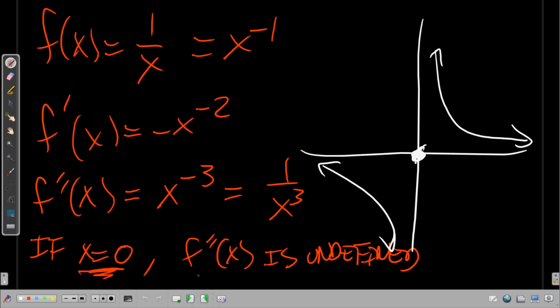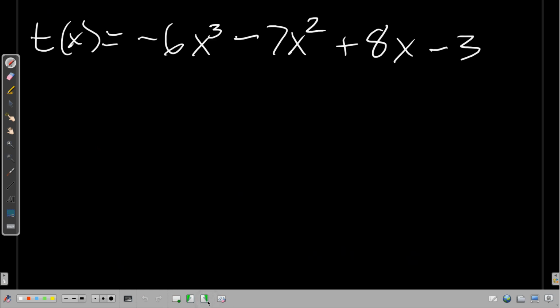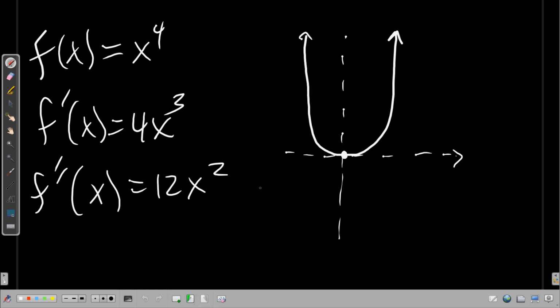So then it still satisfies this one here, even though there's a change in inflection. You don't have 0 in the domain of f, so it can't be an inflection point. And here, 0 cannot be an inflection point because it doesn't change inflection. Even though f double prime of 0 is 0 and 0 is in the domain, it doesn't change inflection there, so it's not an inflection point. All right, now we're good to go.